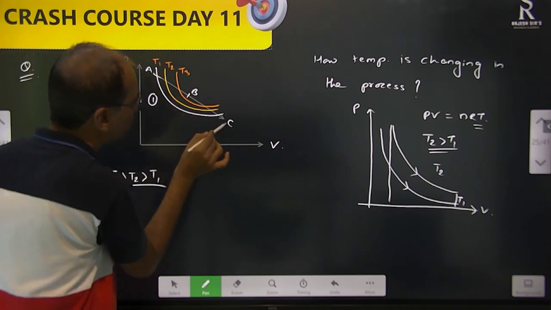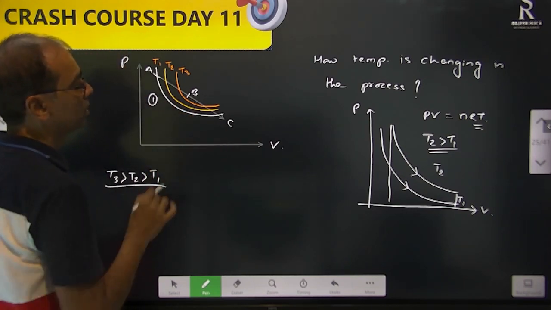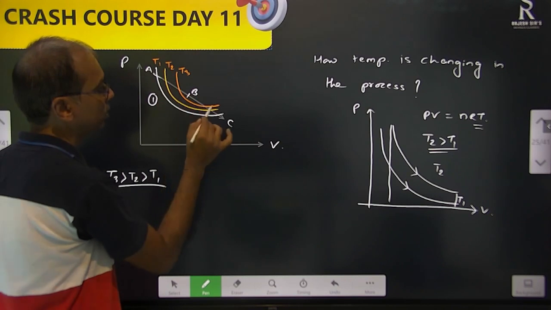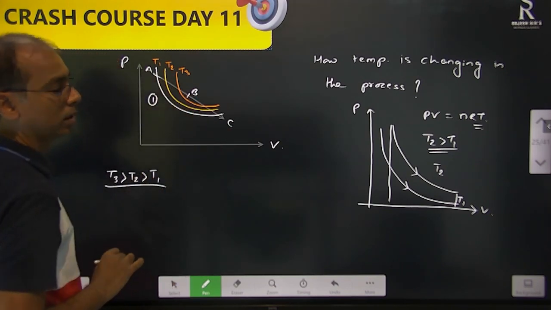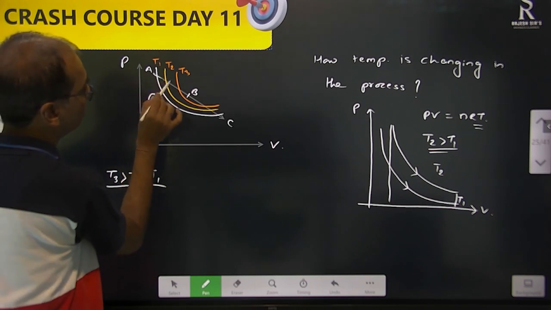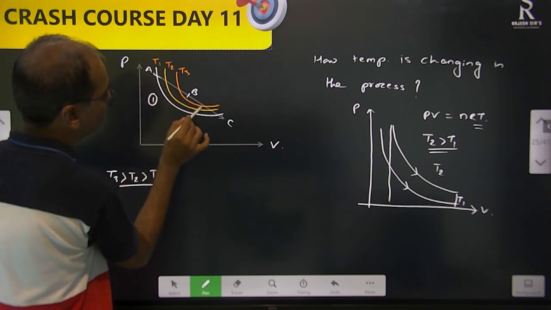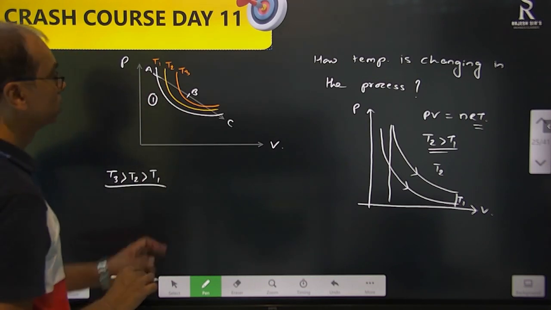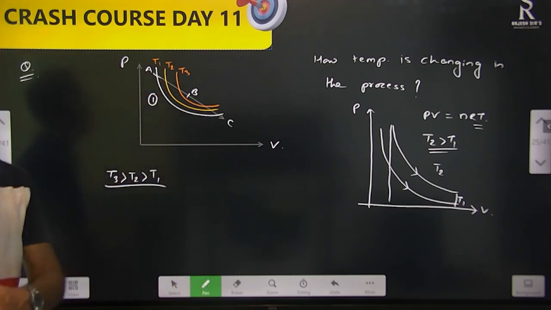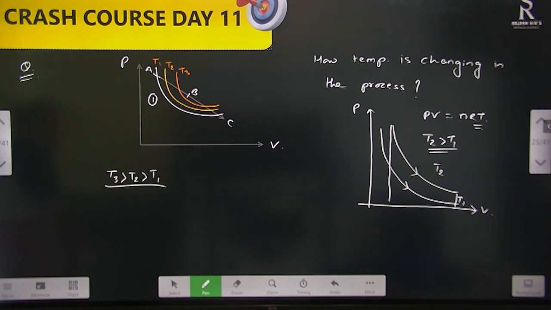When you move from B to C, temperature is decreasing. Because this entire curve means temperature T3, this entire one is temperature T2, this entire one is temperature T1. So first you increase from T1 to T2 to T3, then you decrease from T3 to T2 to T1. So in this process, first temperature increases and then temperature goes down.